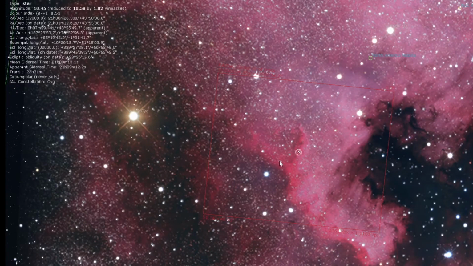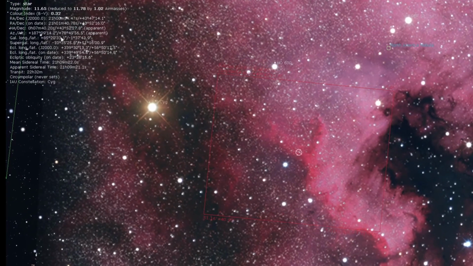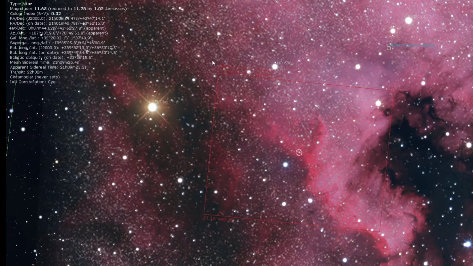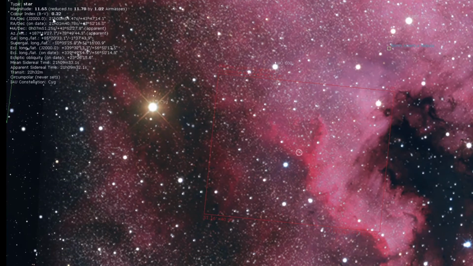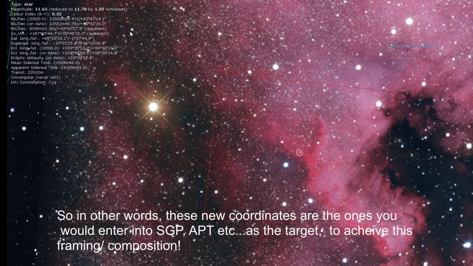Or again, if I want it a little bit more up to the top right hand side, again I can simply click on another star here and you'll notice that the coordinates have changed. So if I want to get that particular framing, then I would use the coordinates of that star rather than the quoted coordinates for the object in its entirety.